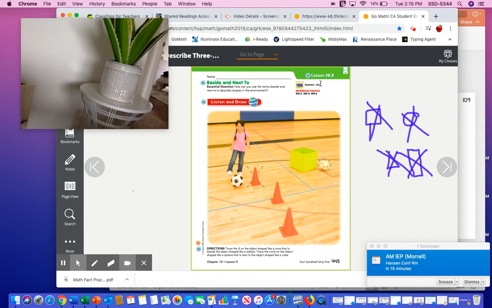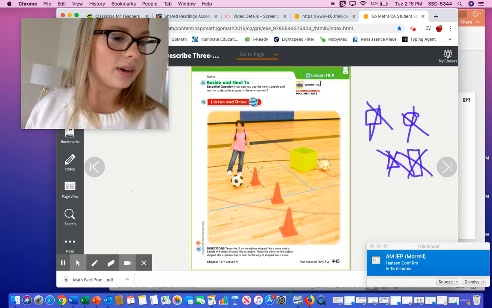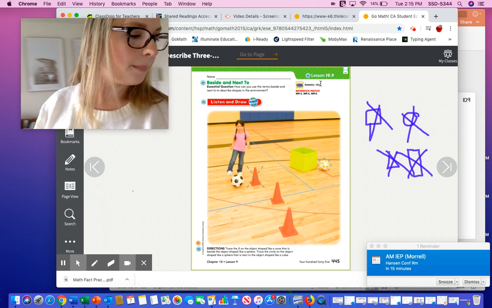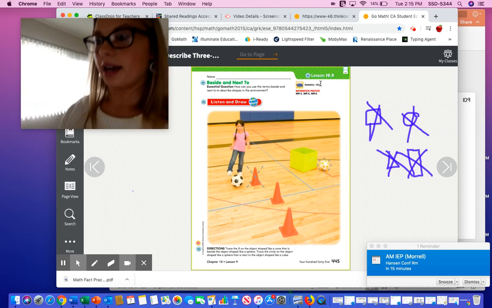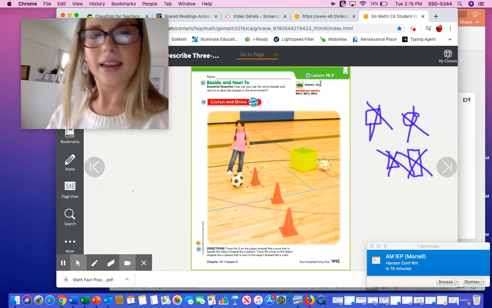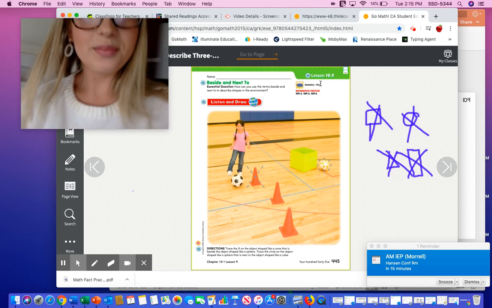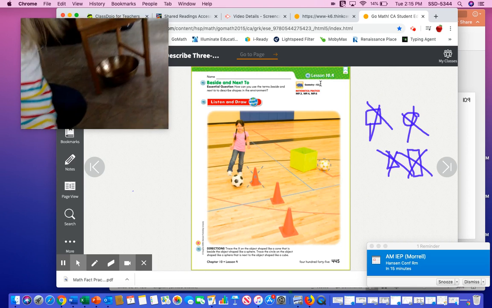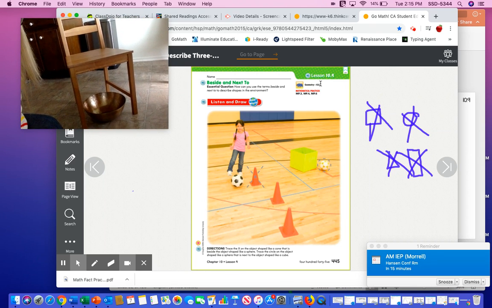My plant is above the stand, right? Or let's see, what else could I do? Oh, I got an idea. Okay. The bowl is below the chair. The bowl is below the chair.